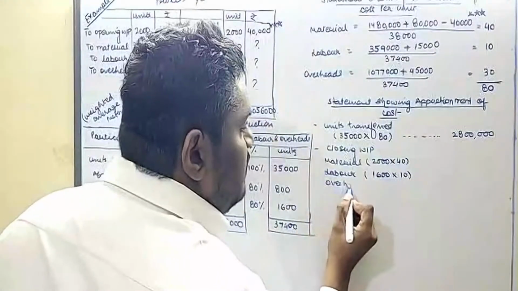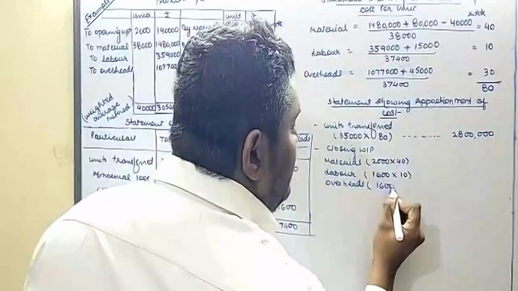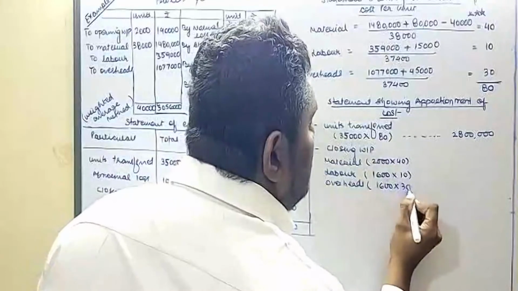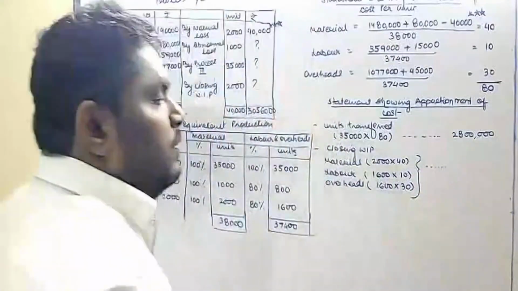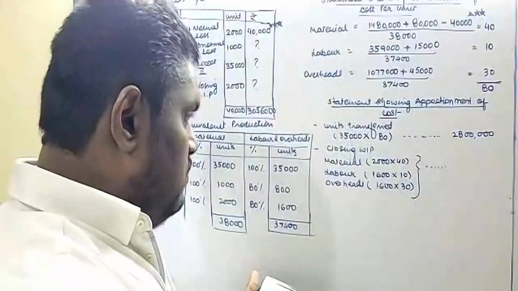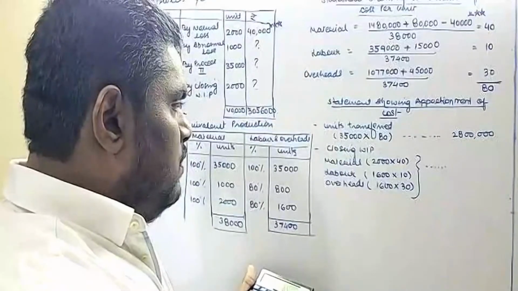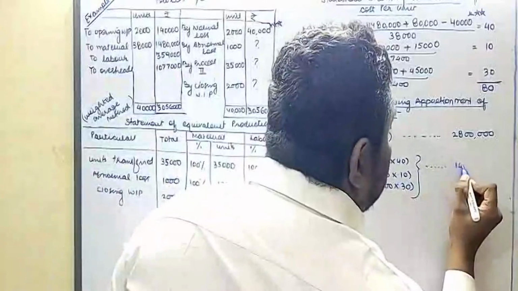And overheads, 1600 into 30. So this will be 1,44,000.